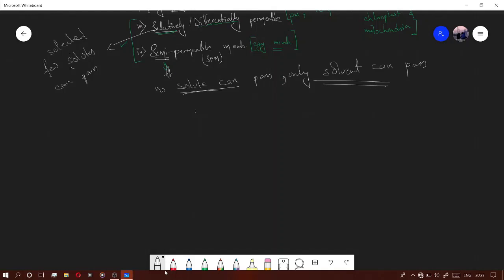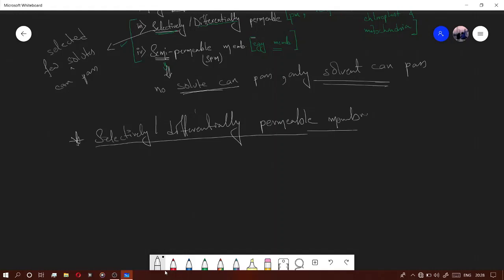So in this way we can say that selectively or differentially permeable membrane is a special type of semi-permeable membrane.